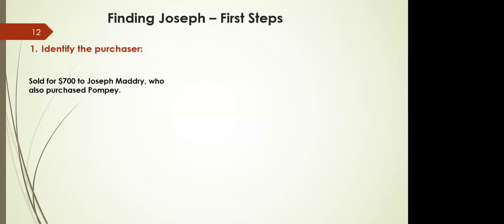So, what are some of the first steps to take in a situation like this? As I've already mentioned, you want to identify the purchaser. Now, I do want to say that this used to kind of be the be-all, end-all. The first thing you're going to do is try to find the enslaver.